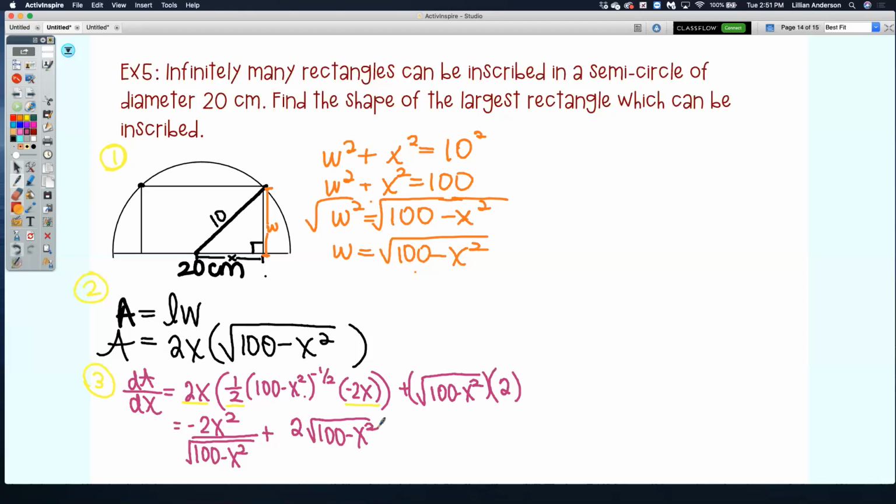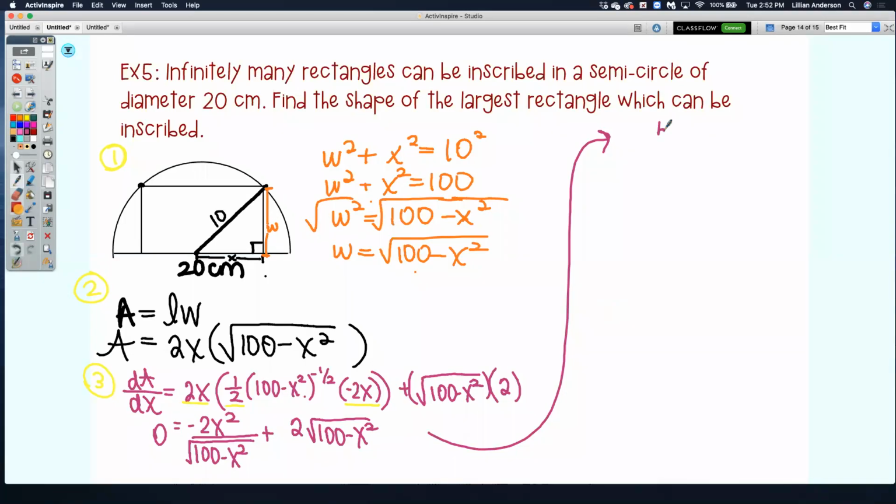I need to set this equal to 0 and solve, okay? I'm gonna swing this right on over here. And I'm gonna solve for x.